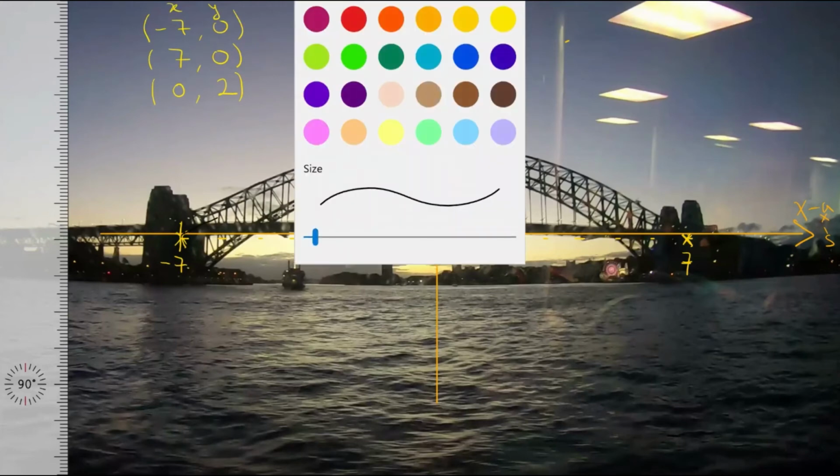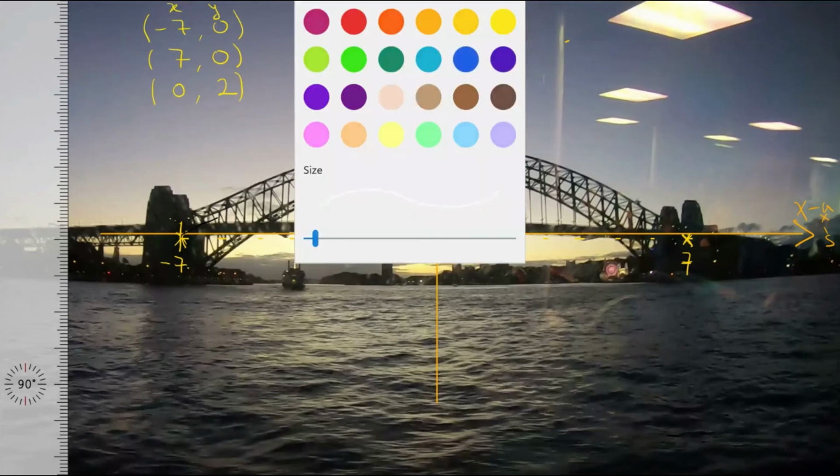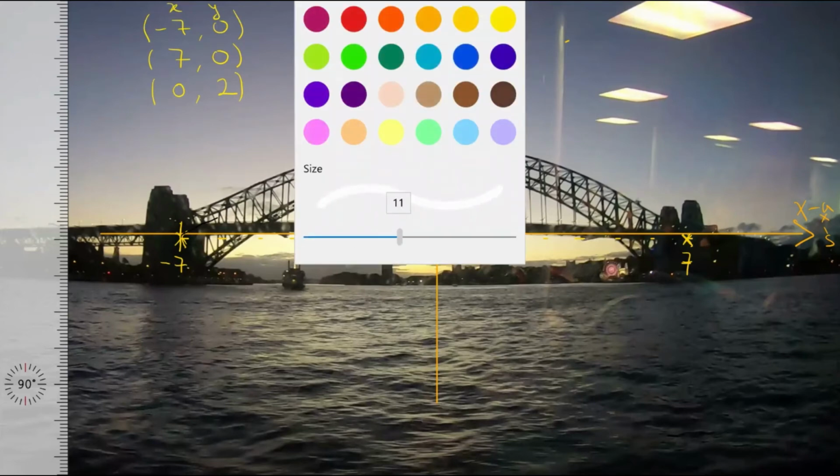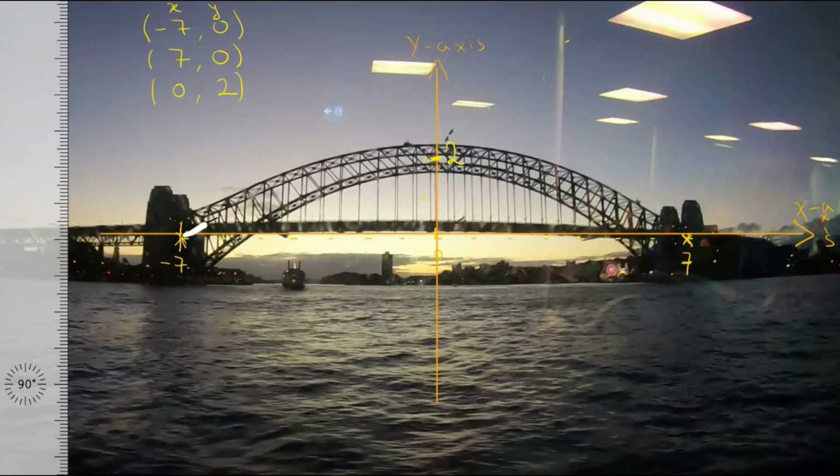Black is probably not the best color, so let's do a bit of a thicker white. It will be coming through here, passing through 2, come out on the other side, and come down to 7. That is how the equation will look.